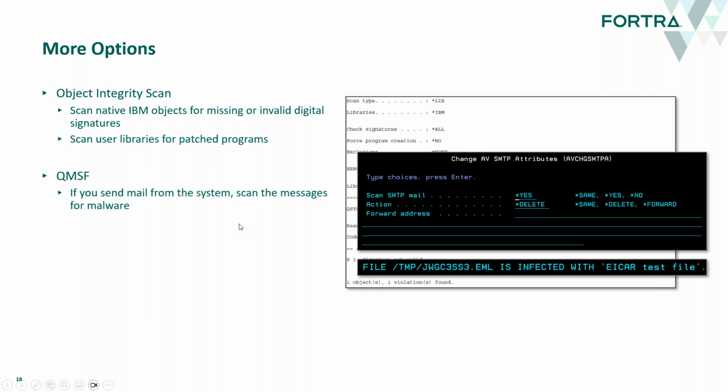Mail scanning. Are you guys sending mail from your system? You probably should be scanning to make sure that you're not sending malware off the system. So the QMSF mail scanning is going to scan mail that is sent through SMTP off of your IBM i, and you can either delete an infected message or you can forward it to an administrator.